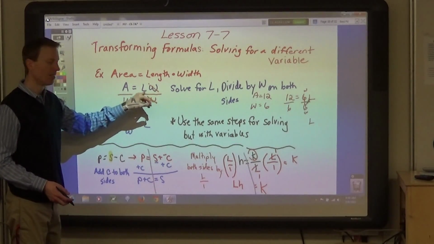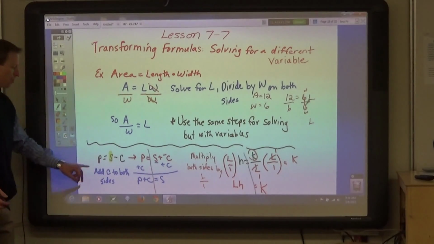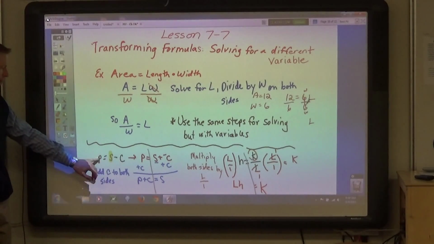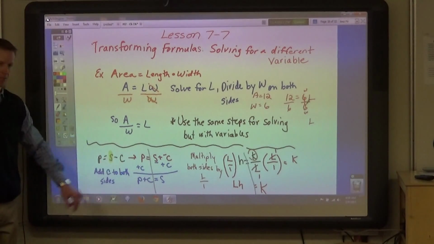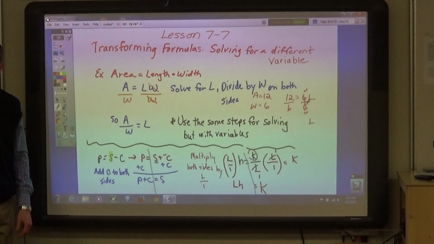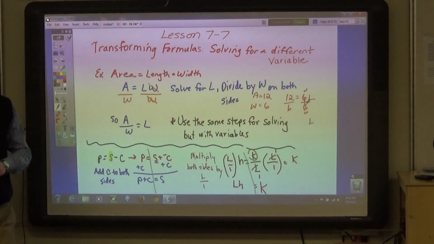Okay? Let's go to this example. What if we have this formula? P equals S minus C. Okay? Now this is just a basic addition or subtraction equation.